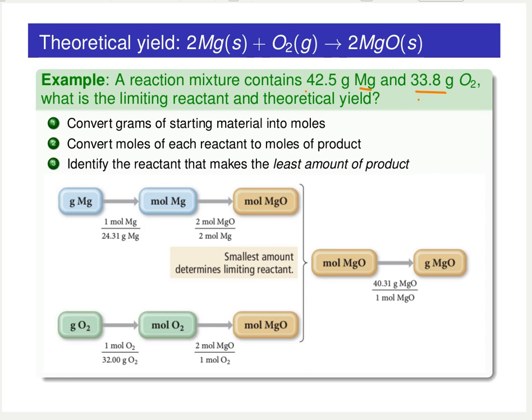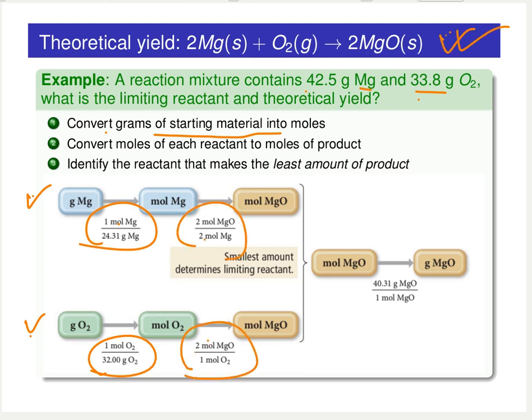All right, so our first step, as I said, is to convert our grams of starting material into moles. So we do it for both the magnesium and the oxygen, using the molar mass of each to get the moles. Then use a mole-to-mole conversion factor built on this balanced chemical reaction equation that was given to us to determine the number of moles of product that each one of these reactants could hypothetically form.